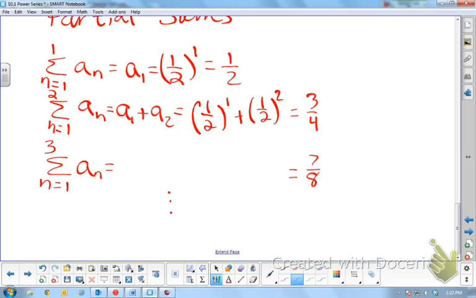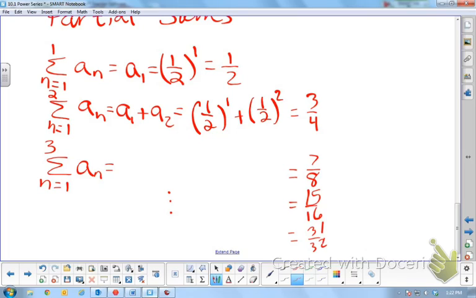So we just keep adding a plus, go 1 to 5, go 1 to 6, go 1 to 7, and do that forever. Well, the next ones would be 15/16 and 31/32.